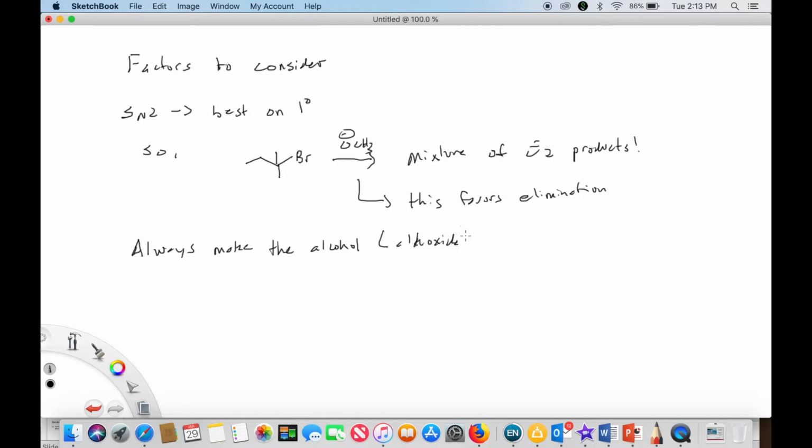In other words, make the alcohol the alkoxide on the substituted part. Let the alkyl halide be the less bulky piece because that's the part you're trying to attack via SN2. So if I wanted to do what I have there above, I just need to do it a little bit differently, and I can get the product that I would want.